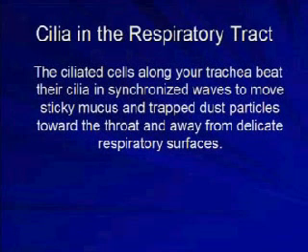When particulate matter from the outside environment, such as dust, bacteria, or viruses, gets into the upper respiratory tract, it gets stuck on this mucus, and then in a synchronized wave-like motion, the cilia will expel this mucus from the upper respiratory tract.